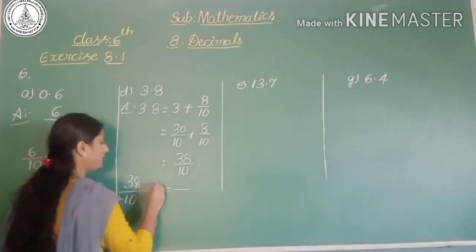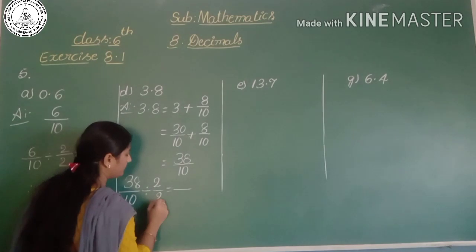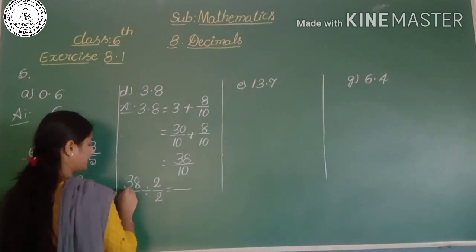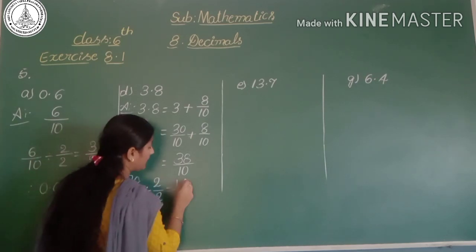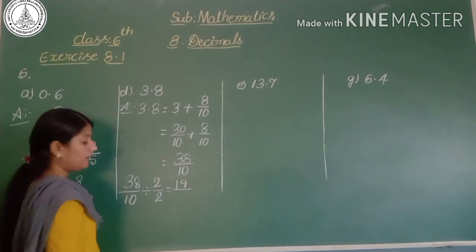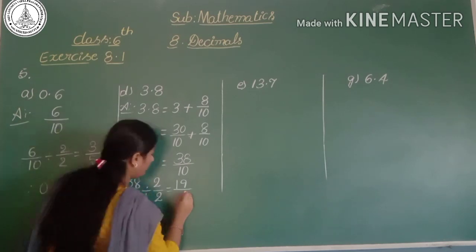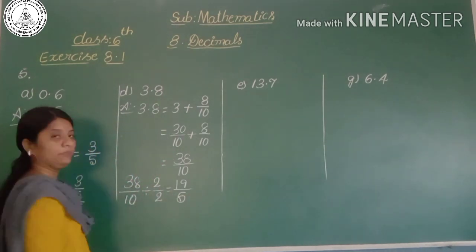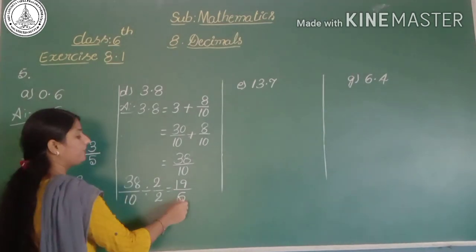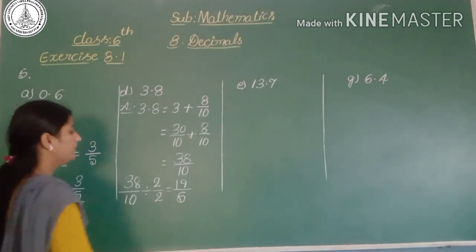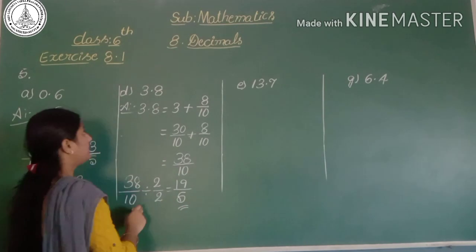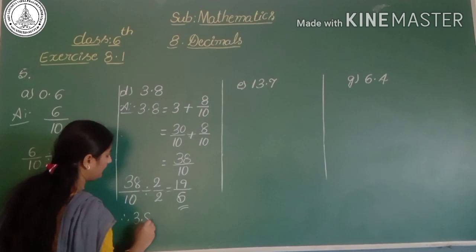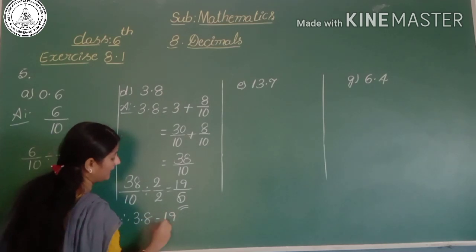Divide both the numerator and denominator by 2. 2 how much are 38? 2 nineteens are 38. Then 2 how much are 10? 2 fives are 10. So 19 by 5 is the simplest form of 38 by 10. So we can write 3.8 as 19 by 5.